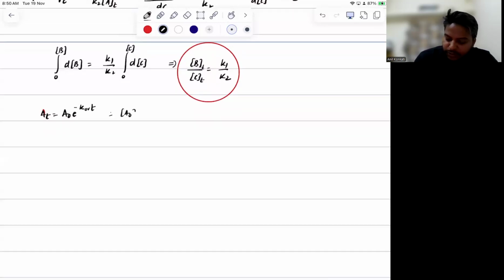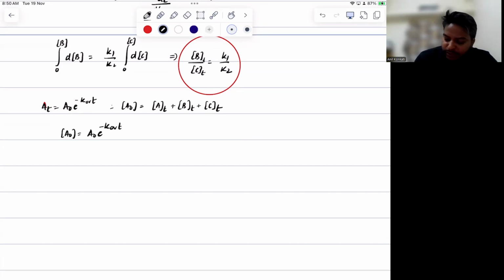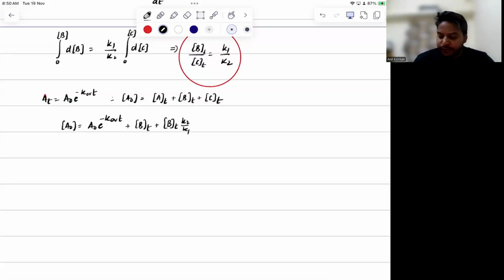A naught is a distribution of concentration into A, B, and C. Here we got a relation between B and C already, so we can directly use that. So A naught is equal to At, which is A naught into e raised to the power of minus K overall into t, plus B of t plus C, which can now be written as B of t into K2 by K1. Now you can notice how Bt can be identified from here.